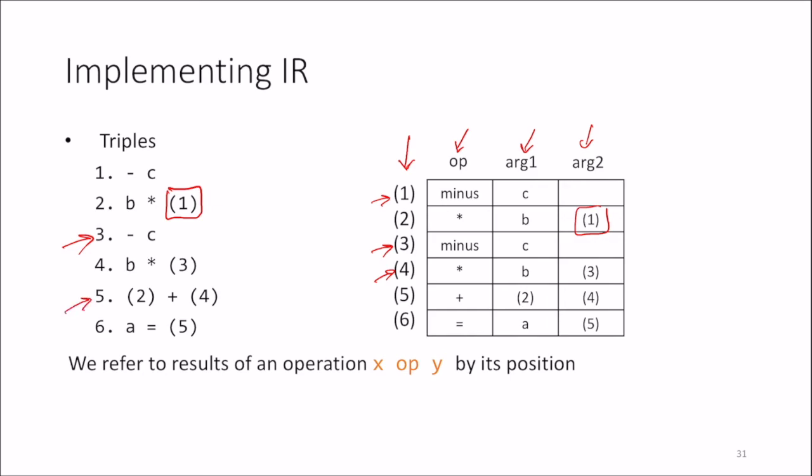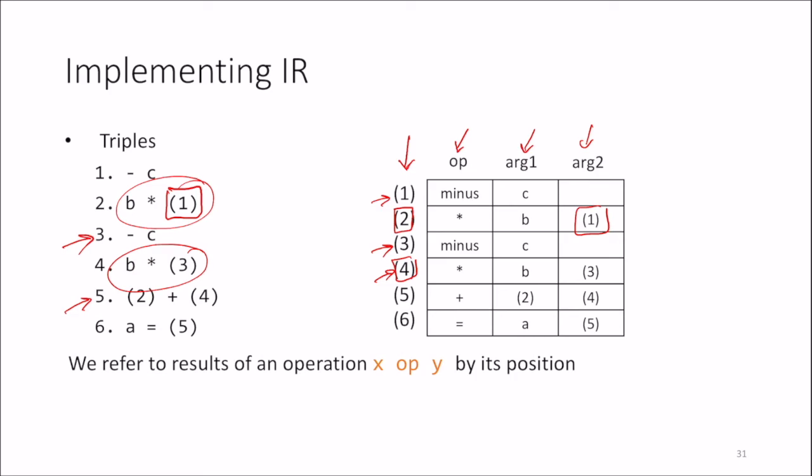So a 2 plus 4 is b times 1 and b times 3, which is b times minus c and b times minus c. We're going to add those two together. And again, we're going to use the location. So this location 2 and 4 is where the result is going to be stored. It's almost like a pointer to the result.